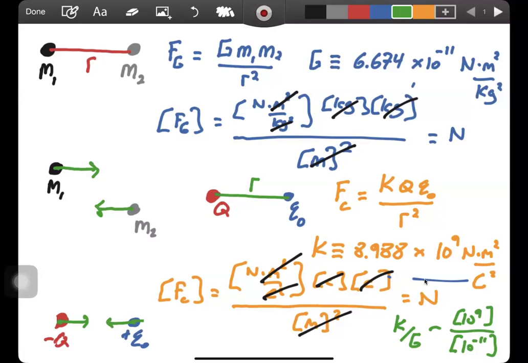So you would have 9 minus negative 11, which is the same thing as 9 plus 11, which is to say that the ratio of K to G is of the order of magnitude of 10 to the 20. To put it in perspective, a billion is 10 to the 9. So 10 to the 20 would be 100 billion billion. The ratio of the Coulomb constant to the gravitational constant is roughly 100 billion billion.